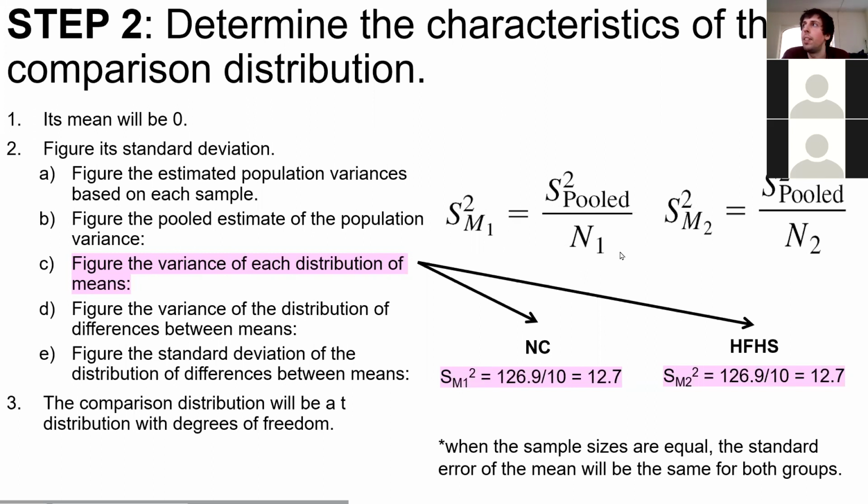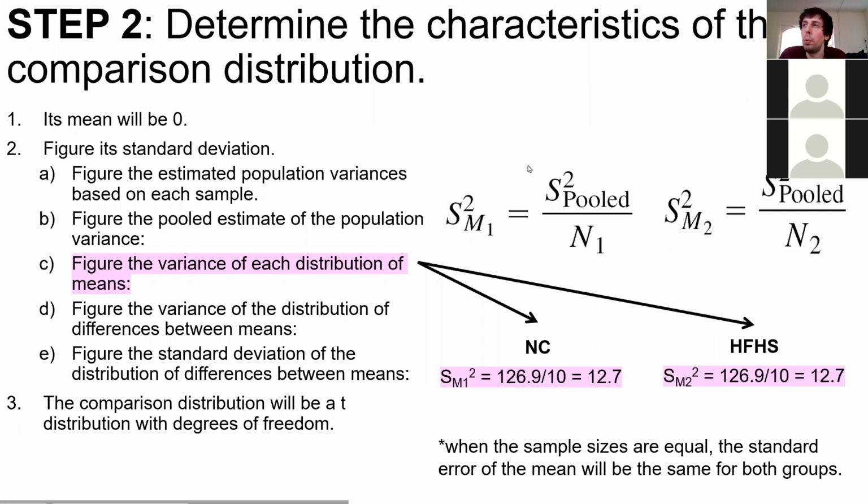And here's the equation for how to calculate that. It's the pooled estimate of the population variance divided by the sample size of group 1 and group 2. In this example, they both had the same sample size, so N1 and N2 were both 10.